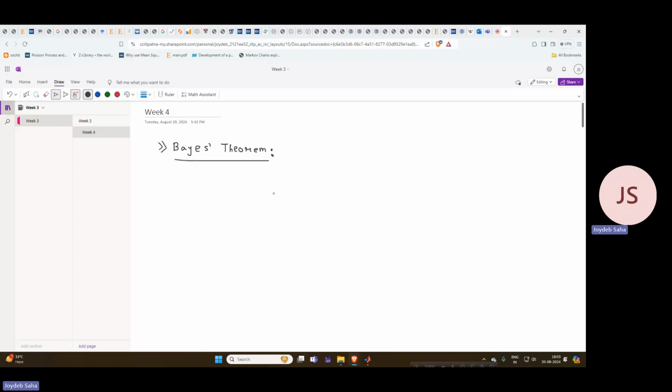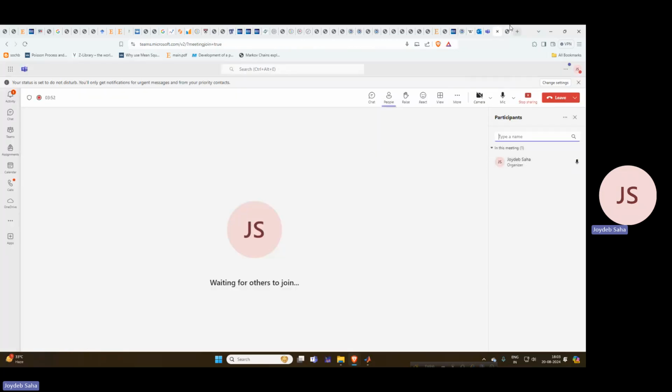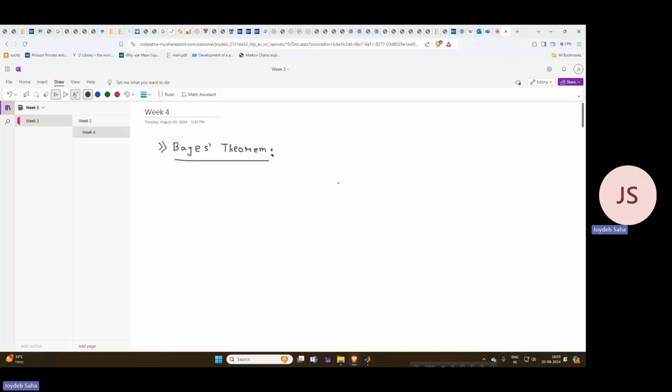Bayes theorem uses the total probability theorem. So let us take some example, or let us discuss the theorem first and we will take some examples. Okay. So is there anyone? No. Okay, fine.